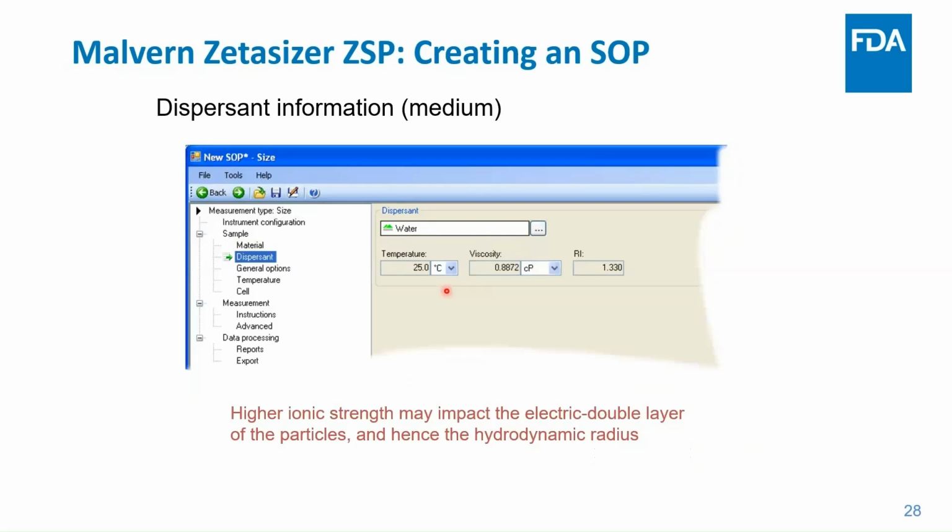Next is the dispersant, and this is one of the most critical parts of the entire SOP, in my opinion, because one, you're choosing a viscosity for the system, and the measured size is highly dependent upon the viscosity. And so because it's doing that calculation from translational diffusion to hydrodynamic size, if they're putting in the wrong temperature and viscosity, or God forbid, just the wrong dispersant, it's going to have a huge effect on the calculated size.